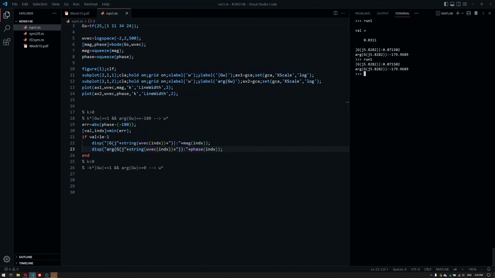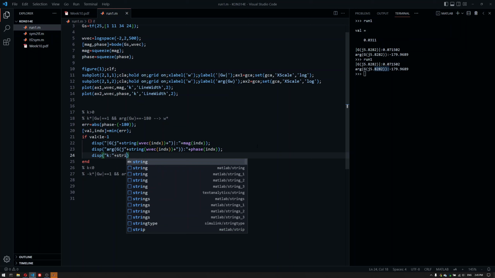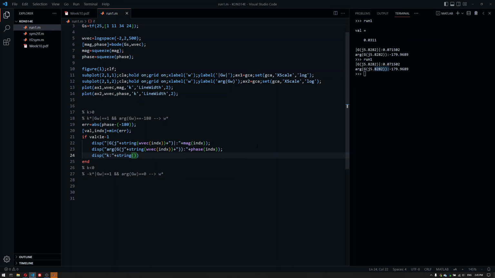We have basically the solution here. So the only thing that is left here is to display the k value that does this. So plus string and then 1 divided by magnitude here, magnitude index. So there we go.